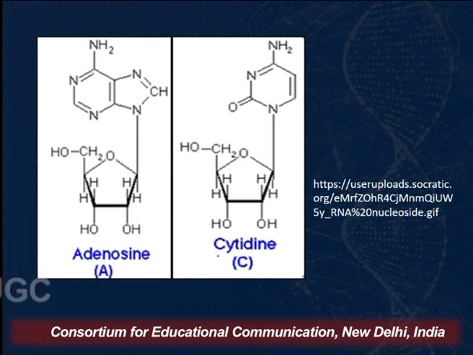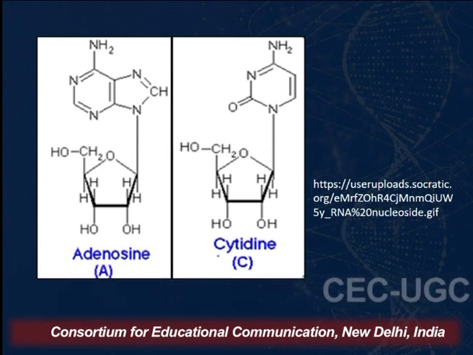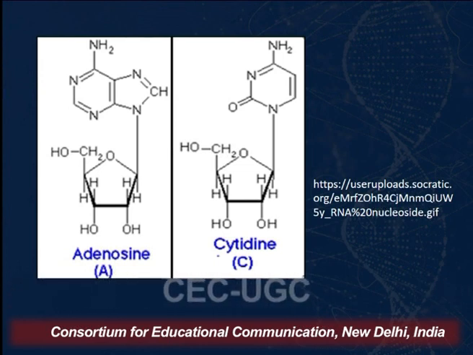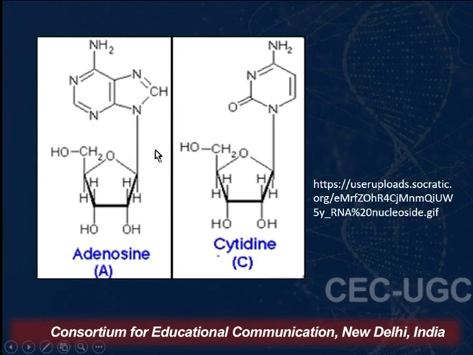So here I have shown you the structures of a ribonucleoside, and what we find here is that the bond is between the C1 of the sugar and N9 of adenine, so the name becomes adenosine. That is, this is a purine.